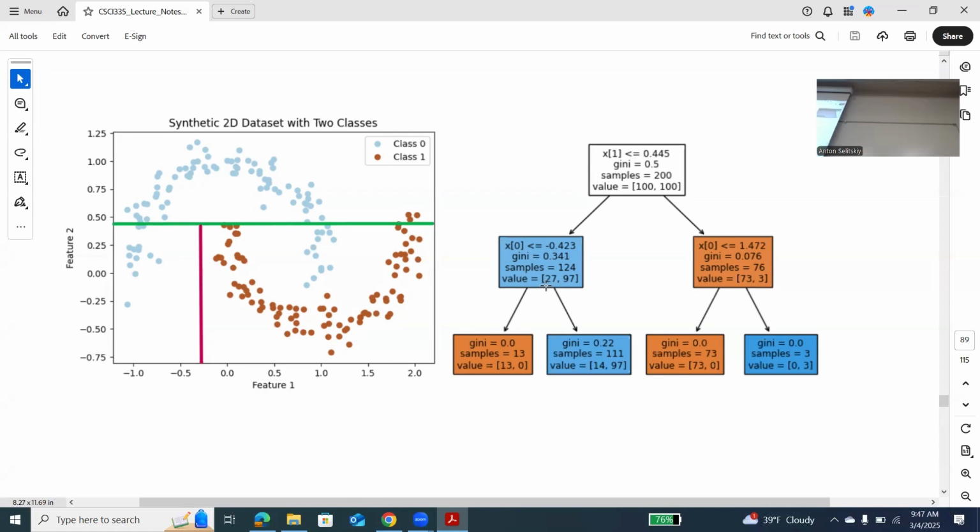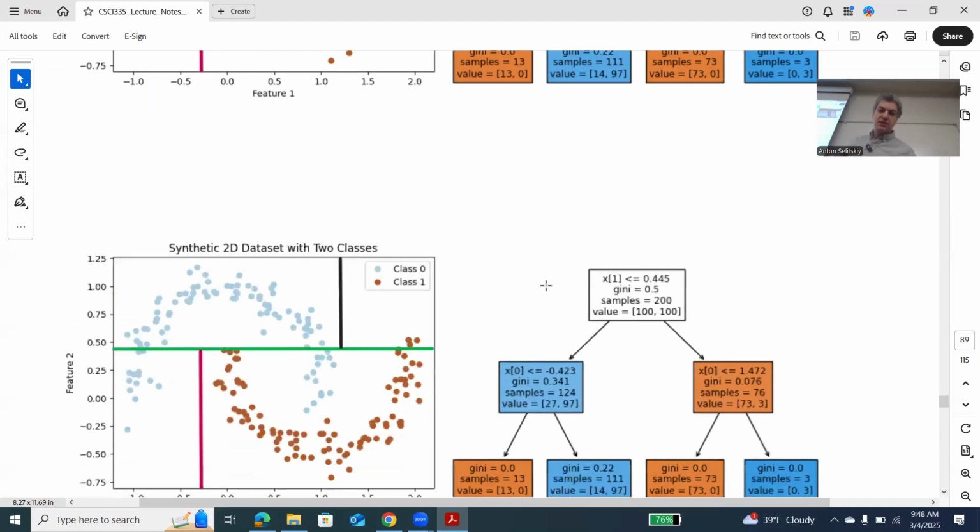The second decision rule will be done by this red line, and every point now with the first coordinate smaller than this threshold will be classified as class 0, and every point with greater value of the first component will be classified as class 1. And the same for the points above this decision boundary.